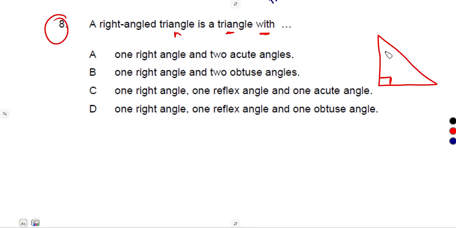Inside this triangle, the two remaining angles are less than 90 degrees, meaning these two remaining angles can only be acute angles. Once there is a 90 degree angle inside that triangle, the remaining angles will be acute.